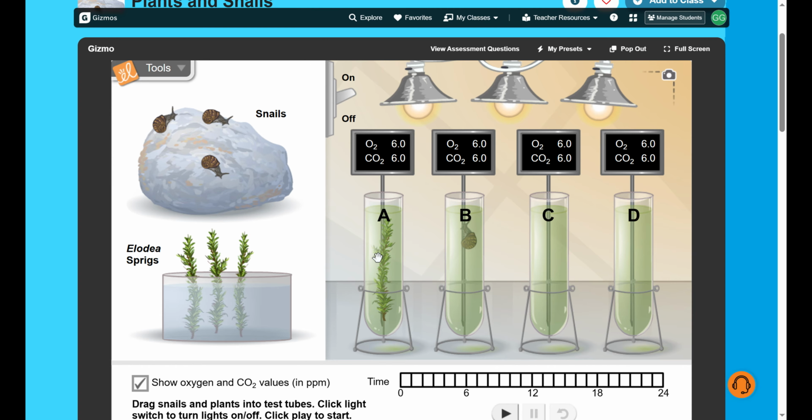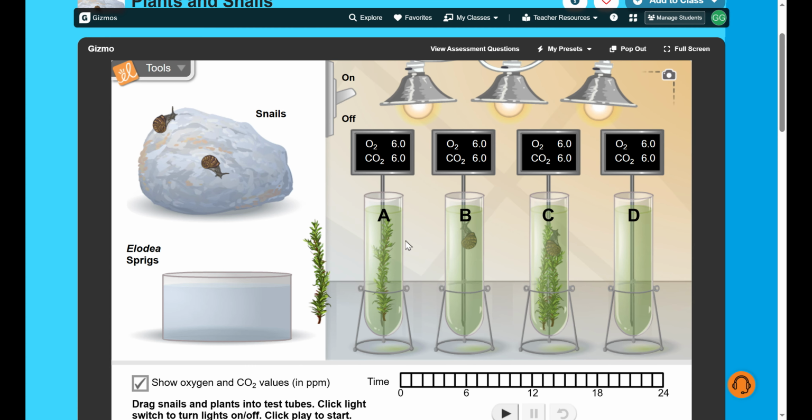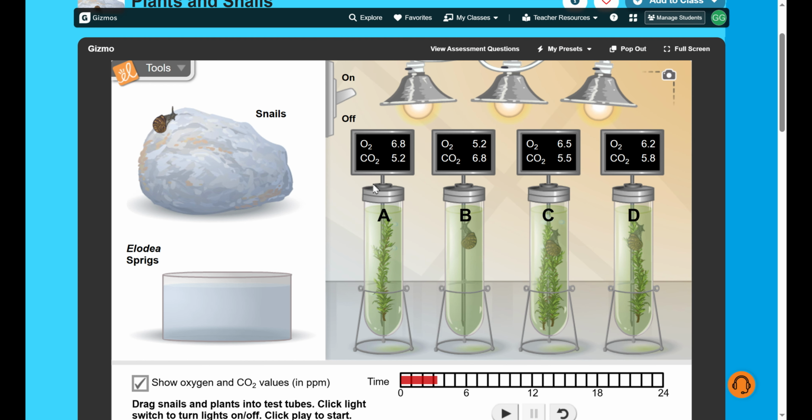We can put 1 sprig into each of these test tubes, or we can do 2 sprigs along with a snail. And then for the fourth one, we can put a balance of 1 sprig of elodea and 1 snail.